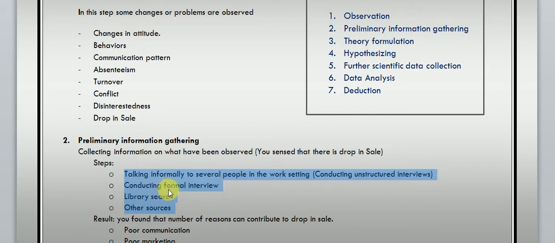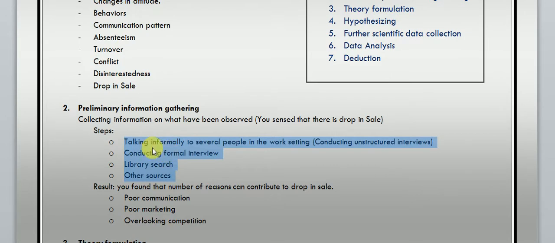once you go through these stages, these steps, you may find out some reasons. For example, you found that a number of reasons can contribute to a drop in sale. You found poor communication, poor marketing, or overlooking competition.